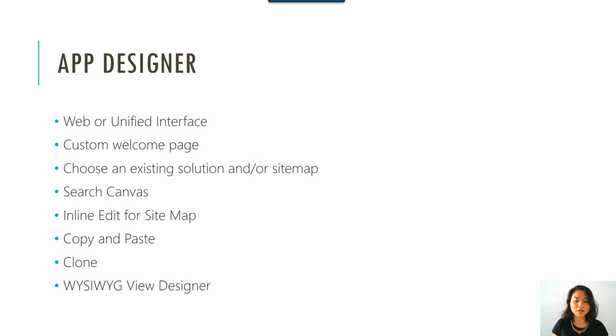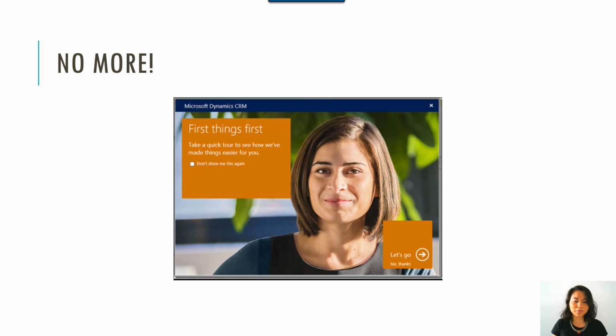And then in terms of the sitemap features that are available, you can search the canvas, you can do inline edit, you can copy, paste, and clone, and then my personal favorite is the WYSIWYG View Designer. So before we start, in terms of the custom welcome page, you won't see this lovely face at the beginning.